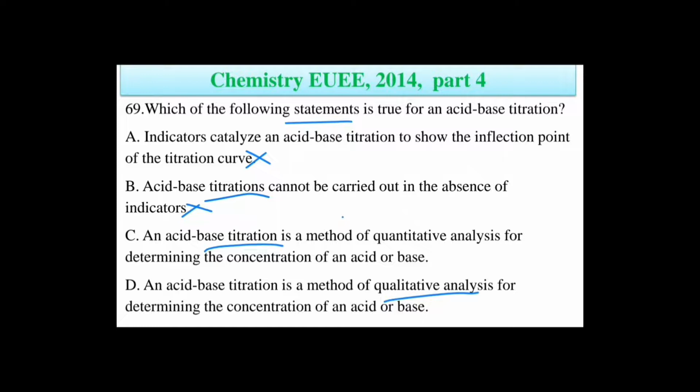This is also false, because there are many types of titration, which means we can carry out titration without indicators. C: an acid base titration is a method of quantitative analysis for determining the concentration of acid or base. This is the correct answer. D says the acid base titration is a method of qualitative analysis, but it is not qualitative.